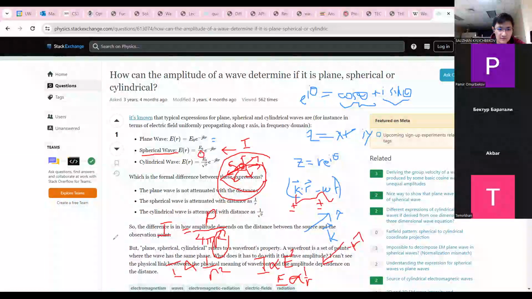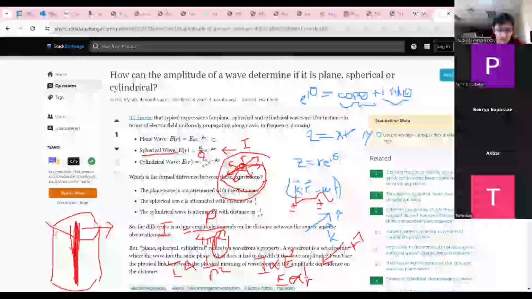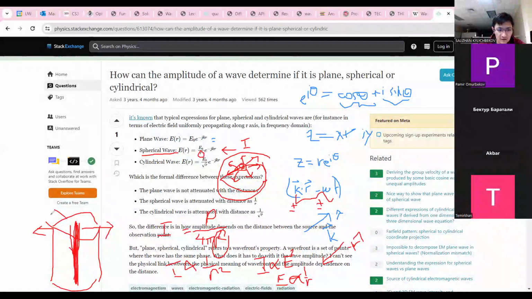And for cylindrical waves, you have this kind of line source, right? Let's say you are radiating from this kind of light source in a cylindrical surface. So your electromagnetic wave is propagating radially outward along all directions.